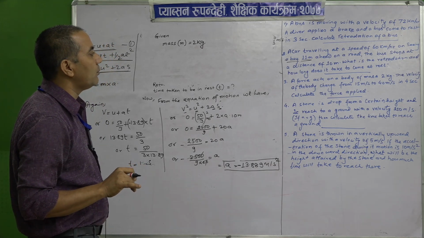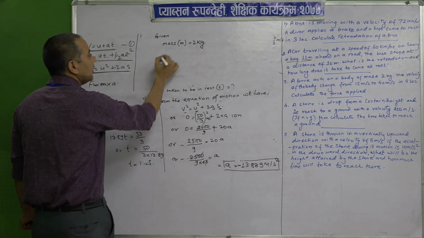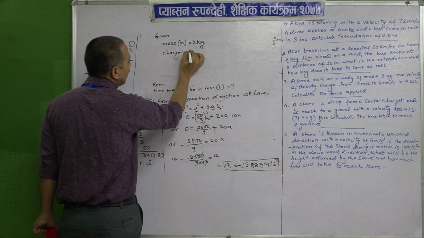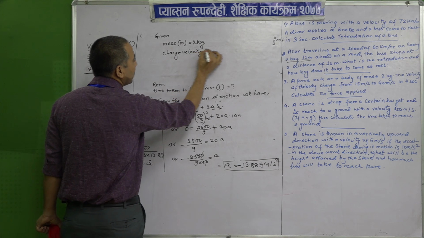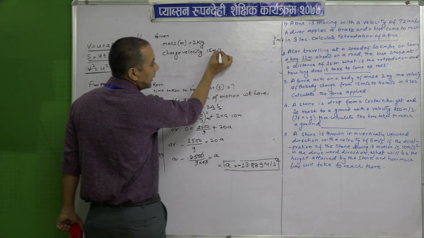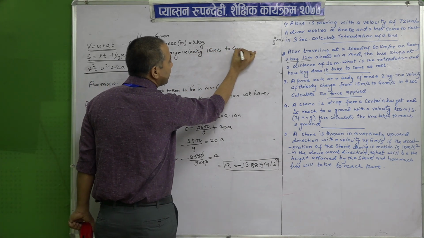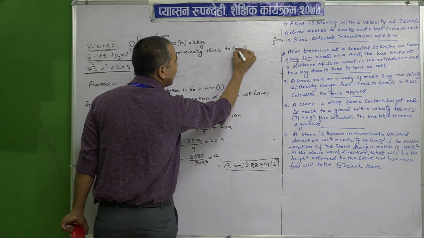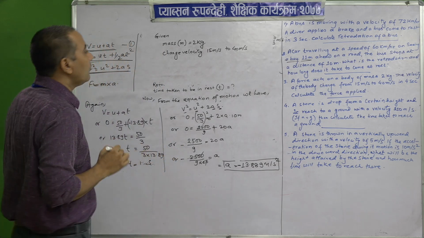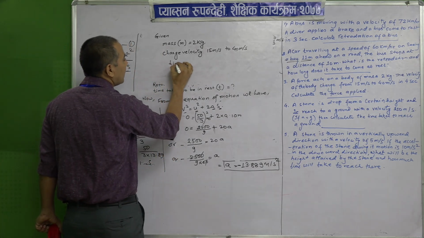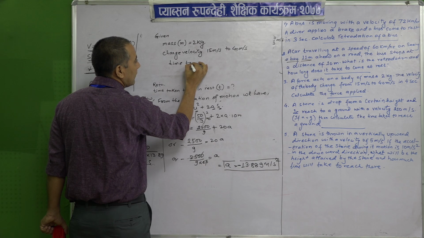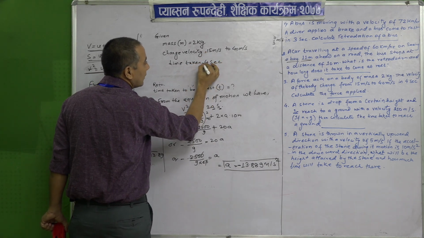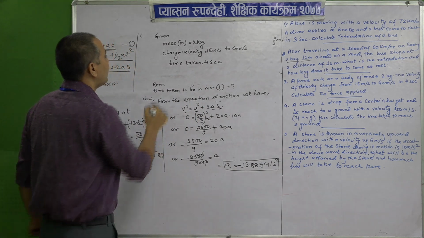The velocity of the body changes from 15 meter per second to 40 meter per second in 4 seconds. Time is given, 4 seconds. Then calculate the force applied.